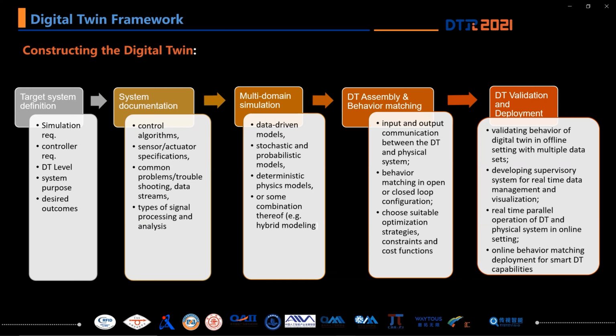The last step is the digital twin validation and deployment. So this is validating the digital twin's behavior, typically in an offline sense, from data that the digital twin hasn't seen. This can include developing the supervisory system that allows for real-time data management between the digital twin and physical system, or visualization, as well as allowing the digital twin to operate in parallel.